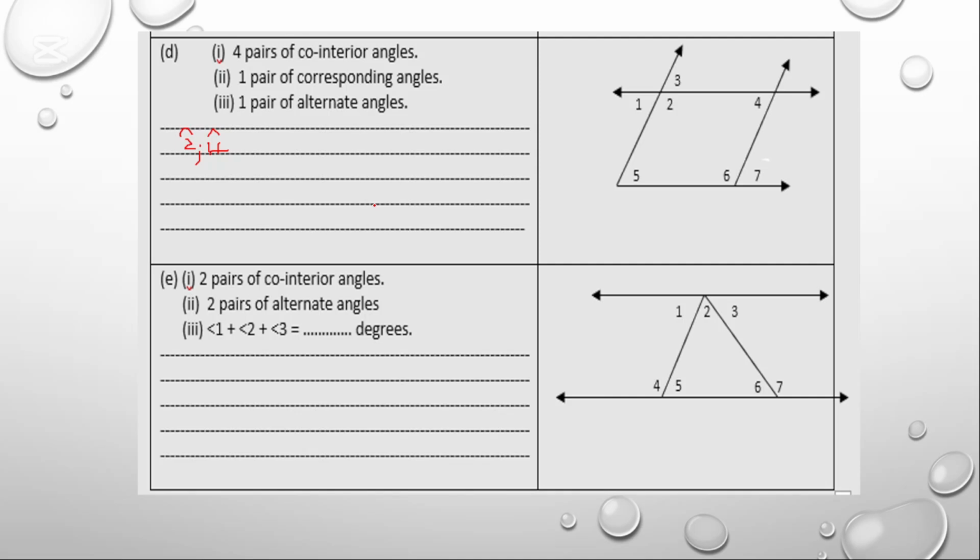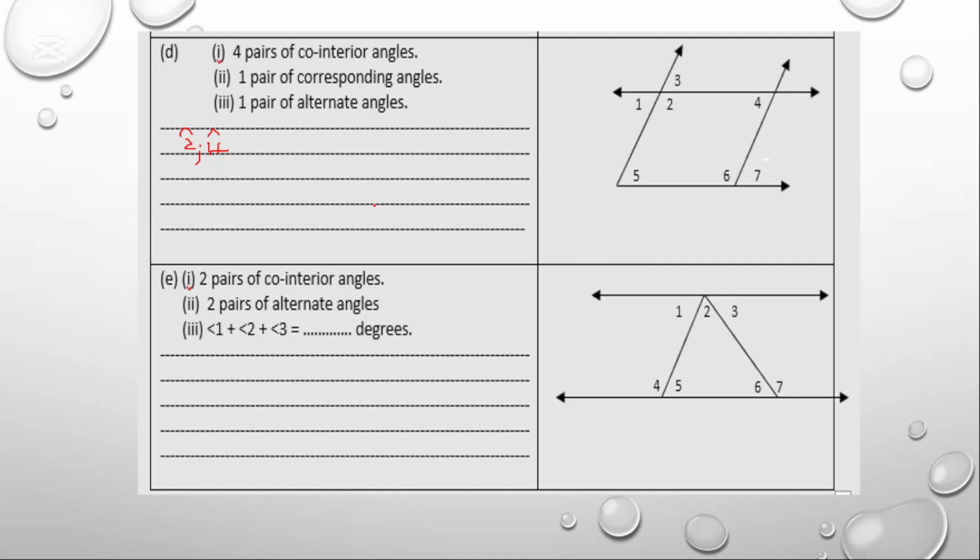One pair of corresponding angles. Now we must go back to lesson number 2. No, that was lesson number 1, corresponding angles. Right, you remember the rules? On the same side of the transversal, one will be above the parallel line and the other one will be above the second parallel line.